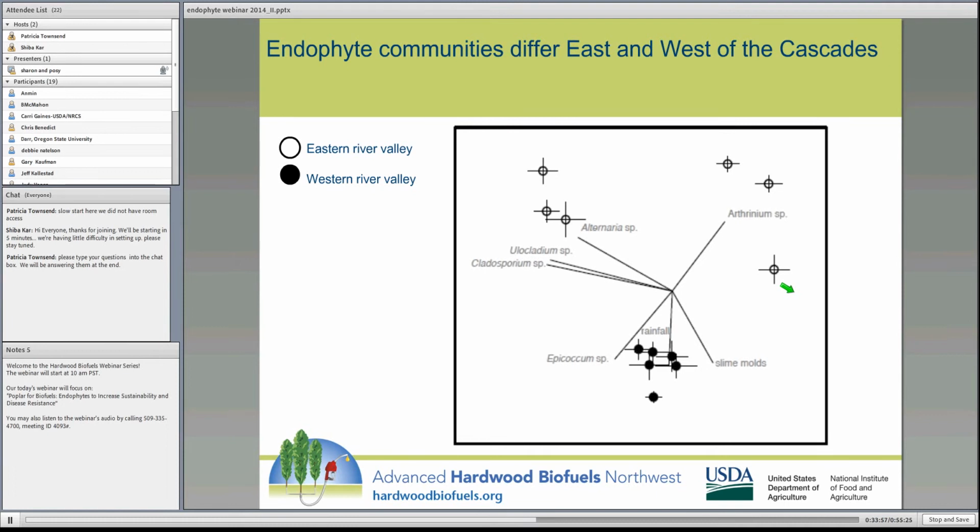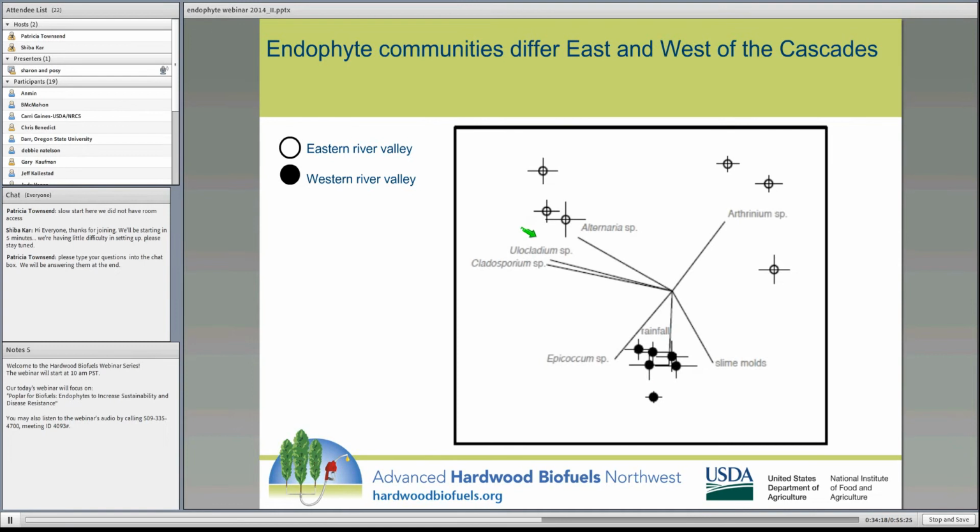In this figure, what I'm showing you is an ordination analysis of endophyte communities of Populus trichocarpa, where each dot represents a different tree population or study site in the wild. The black dots are western river valleys here. The open circles are eastern river valleys.